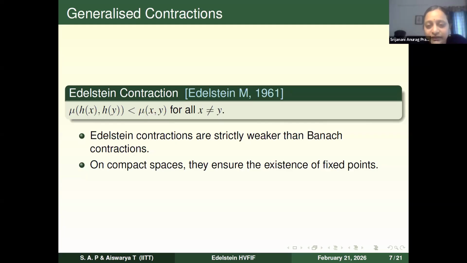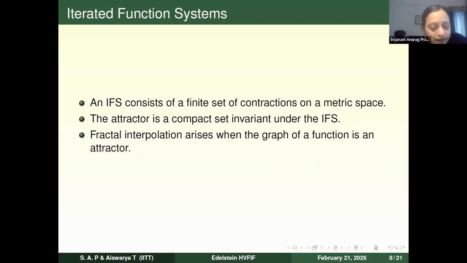Now, to construct any fractal interpolation function, we rely on the iterated function system. What is an iterated function system? It is a complete metric space together with a finite set of contractions on that metric space. When we have an iterated function system with contraction maps, it is already proved that it has a unique non-empty compact set satisfying its self-referential property.